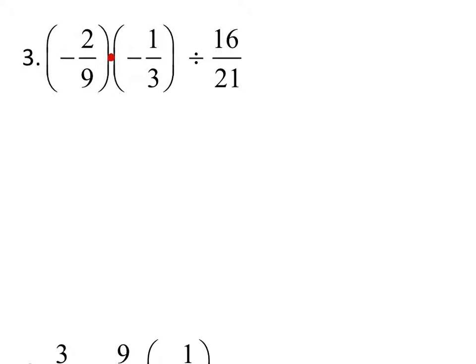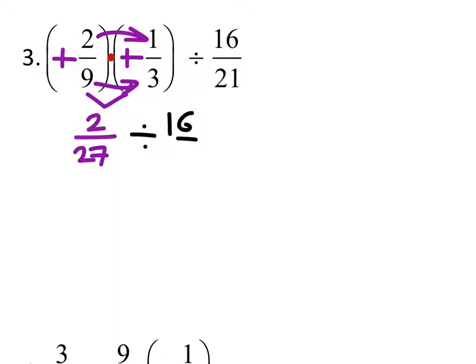So we can work strictly with multiplication and division here. So multiplying these two, I got 2 times 1, which is 2, and 9 times 3, which is 27. And yes, we had the two negatives, but they should cancel each other out.